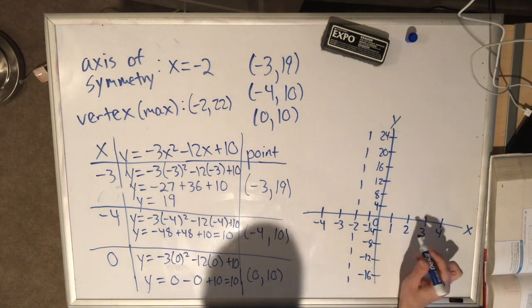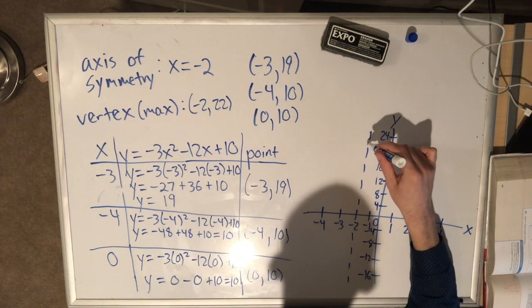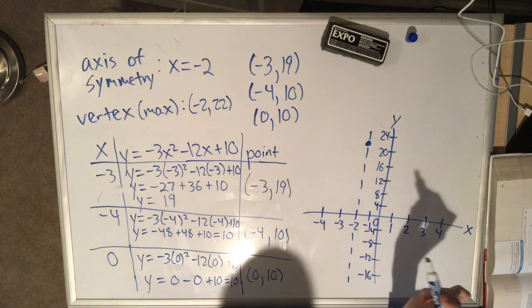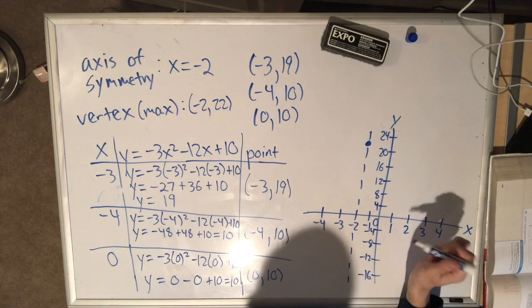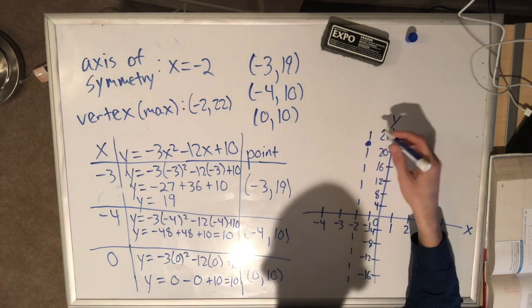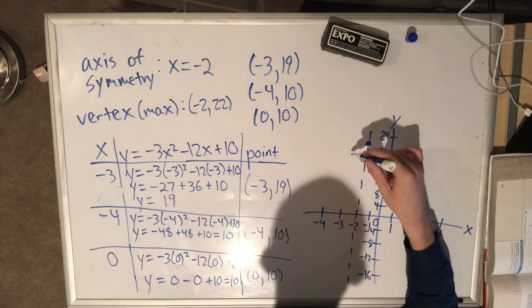All right, so we have the point negative 2 comma 22. And the point negative 3 comma 19, which is about here.